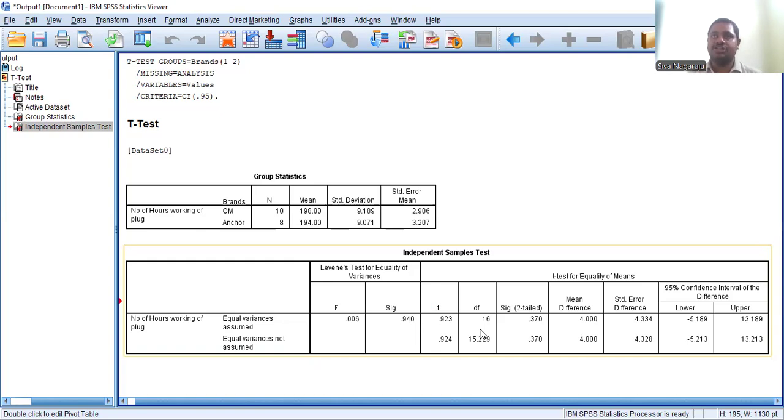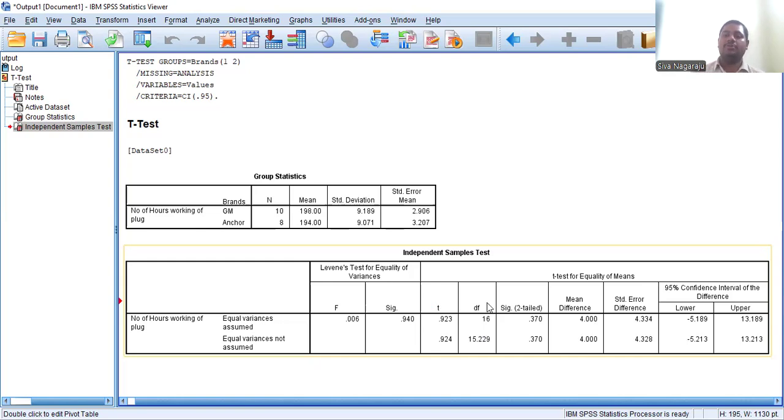You have to write the conclusions. I'll repeat the conclusion once again. First, you have to explain the descriptive statistics in table 1. State about GM: we have taken 10 samples of GM plugs, and the average number of working hours is 198 hours, and the standard deviation is 9.189 hours. Next, similarly for Anchor, we have considered 8 samples, and the average number of working hours is 194 hours, and the standard deviation is 9.07 hours.